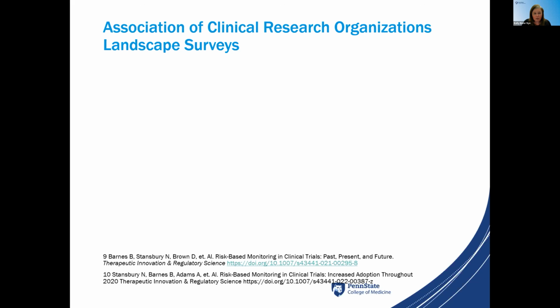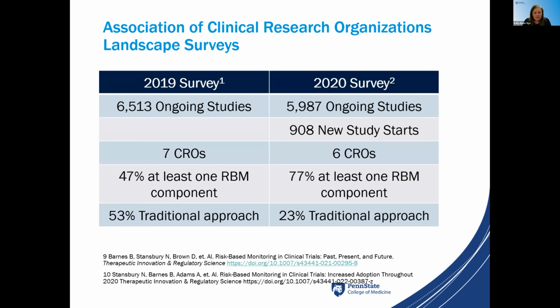And this just serves as one example or a snapshot of how risk-based monitoring is being used. In 2019, their survey was conducted and over 6,000 ongoing studies were involved, over 7 contract research organizations, and 47% were using at least one risk-based component, and 53% were still using the traditional approach.